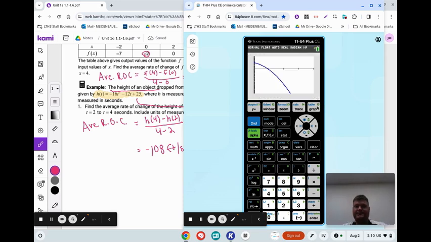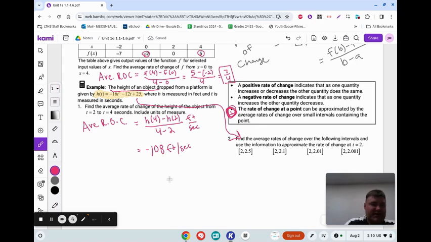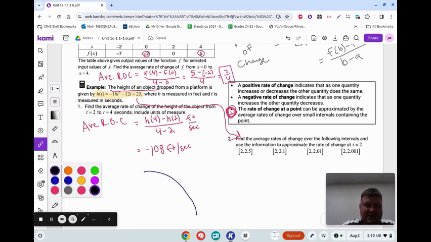Okay. I want to find the average rate of change at this 2. So what I'm going to do here is estimate the average rate of change from this point to this point right here. I'll kind of draw that out for you, what I'm trying to accomplish. So here's the graph right here. I want to find the exact rate of change right here at 2.